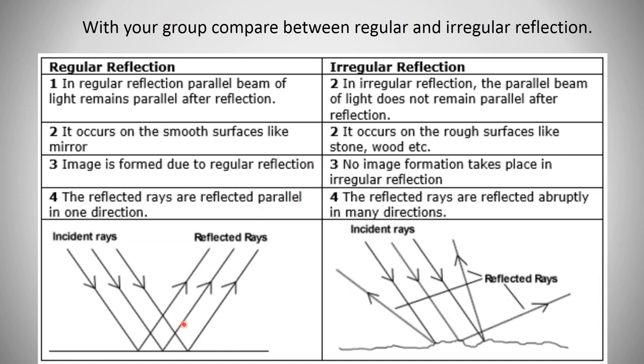As in this figure, you can see that the reflected rays are parallel. In the irregular, they are reflected abruptly in many directions, meaning they will be distributed in all directions. They will reflect in all the directions like this.